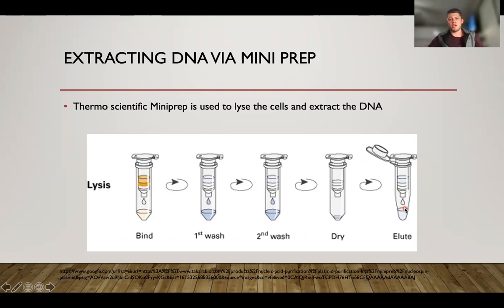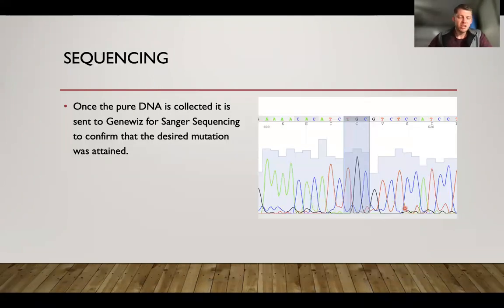So finally, we have a solution that contains just the mutated DNA, and that solution can be sent for sequencing. This process you see here is Sanger sequencing, and the results will give us an idea of whether or not the Quickchange process was successful.